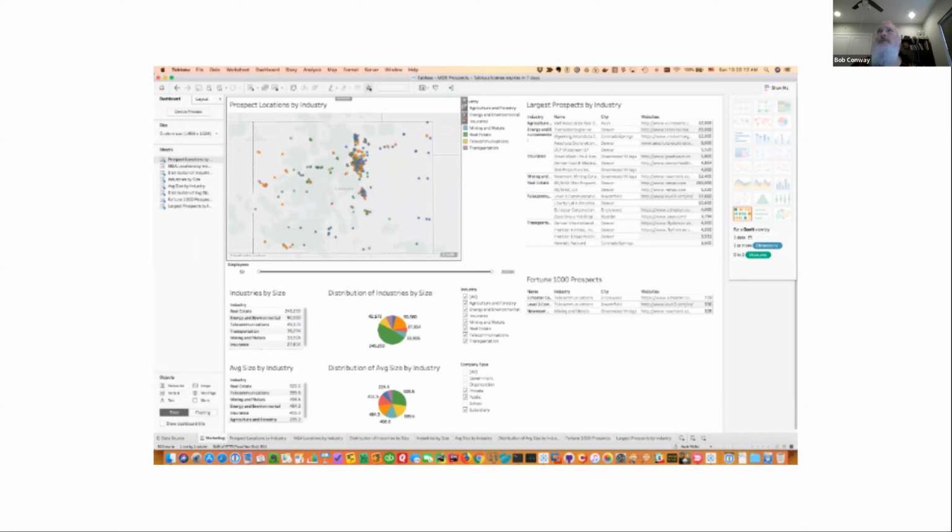According to the Google Dictionary, spatial means relating to or occupying space.